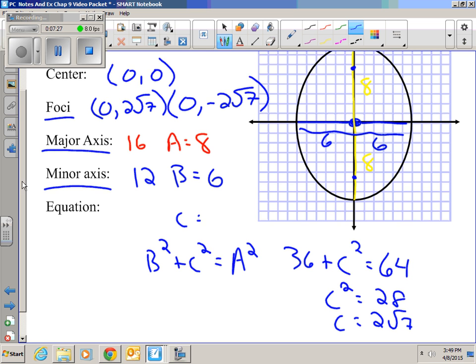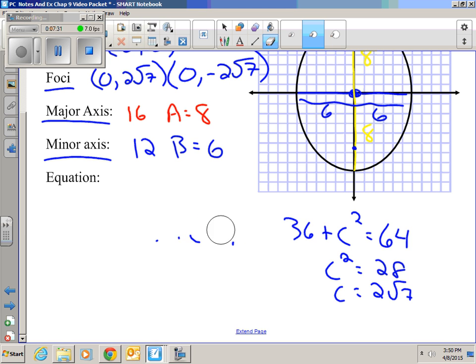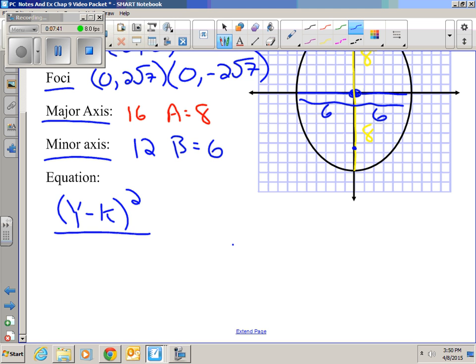Lastly, we focus on the equation. I'm going to erase some stuff here just so we can see. And my equation, this is vertical, so this is actually going to be y minus k squared over a squared, a is my bigger number, plus x minus h squared over b squared, b is my littler number, and that's always equal to 1.